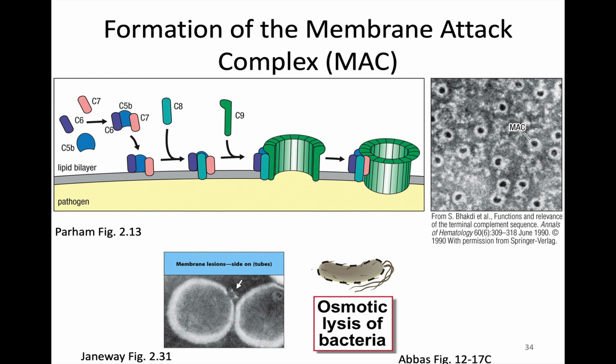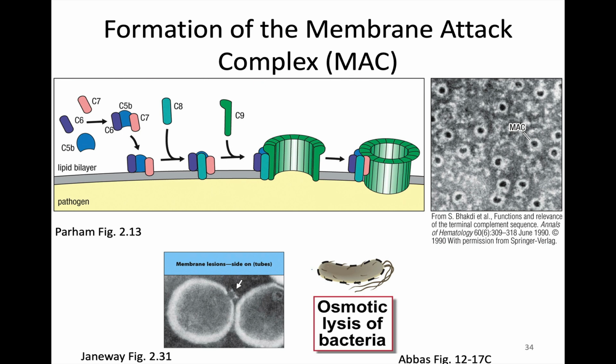So whatever membrane this was getting attached to, we now make a giant pore in, and we call that the membrane attack complex, or the MAC. And this is actually membrane attack complexes in bacteria. Here you can see the side-on view of this pore on a cell. And in the end, we are basically just lysing the bacteria by making the membrane attack complex. So one of the things that complement can do is membrane attack.